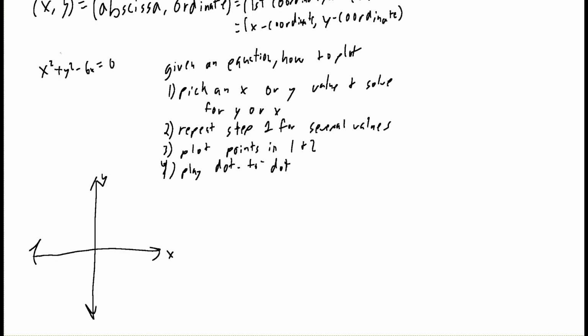Alright. This is a circle. I know it is a circle because I have an x squared and a y squared, and they don't have numbers in front of them, and they're being added together. If this was a difference, that would be a hyperbola, and I don't know if I'll do any of those, but this is definitely a circle.